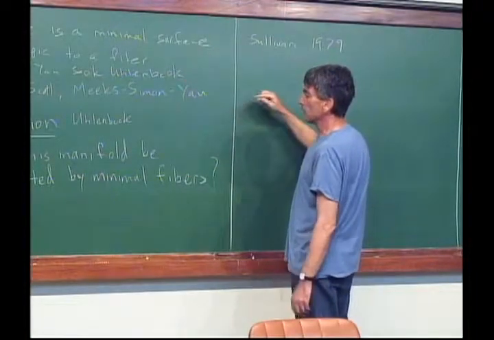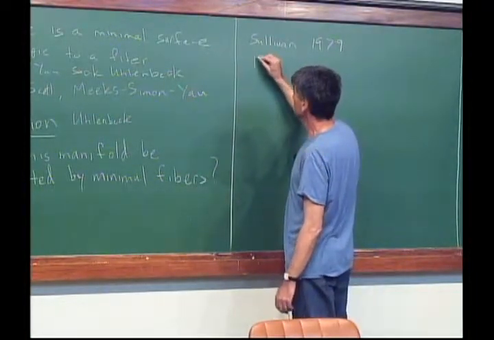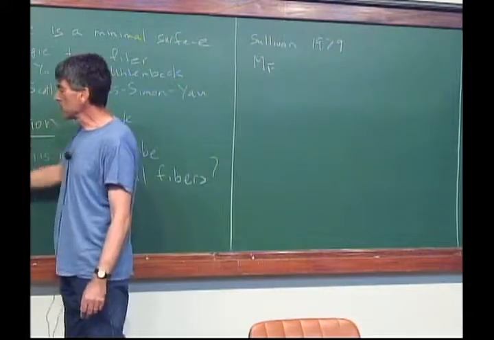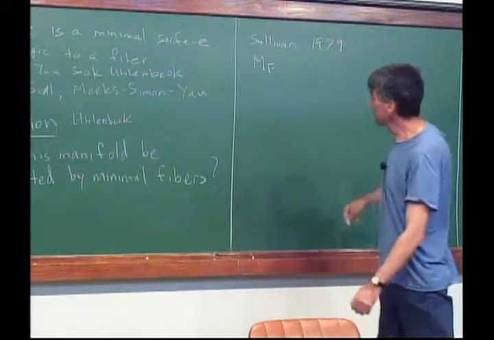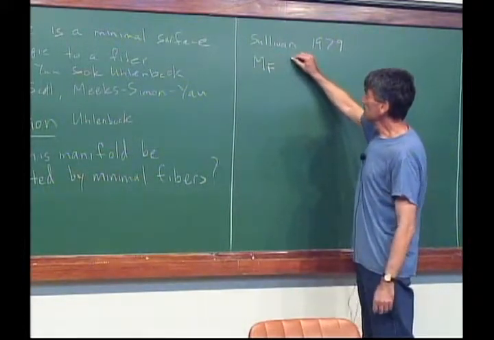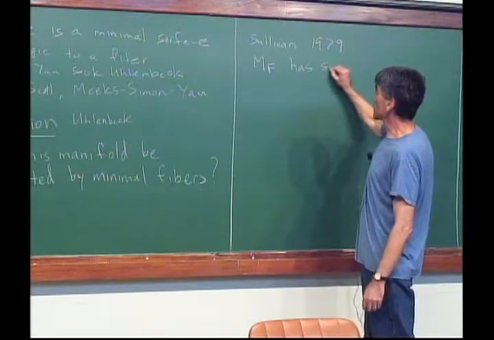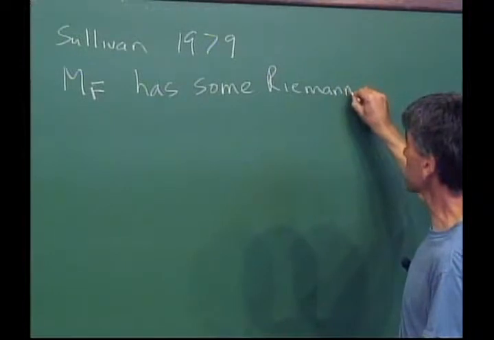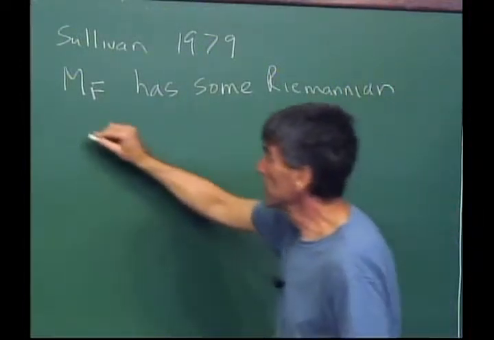And he showed that this kind of manifold, let's call this manifold M sub f, where F is the fiber here, has some Riemannian metric in which each leaf is minimal. In fact, this is a very special case of what Sullivan proved.